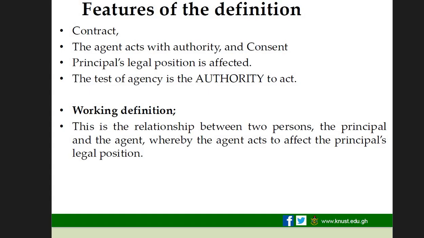So in such a way to be able to affect the principal's legal position in respect to strangers to the relationship, right? So if you look at the features, you see that the agent must act on behalf of what? The principal. Whatever the agent legally does affects the principal directly. I hope you get that.